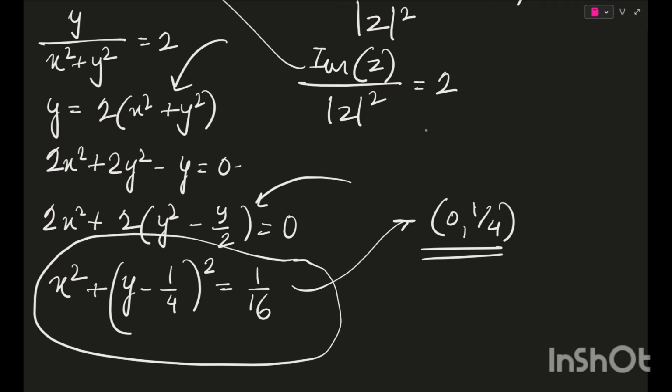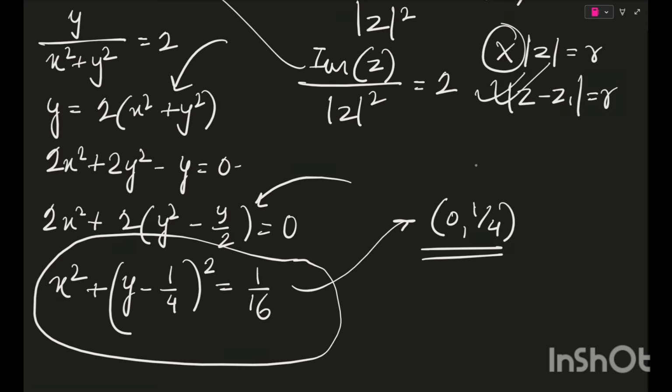You are not supposed to take mod z equal to r in this particular case. Nobody has mentioned to you that the octagon is centered at the origin. You have to take the general equation, mod z minus z1 equal to r. Although I actually tried to avoid the general equation.